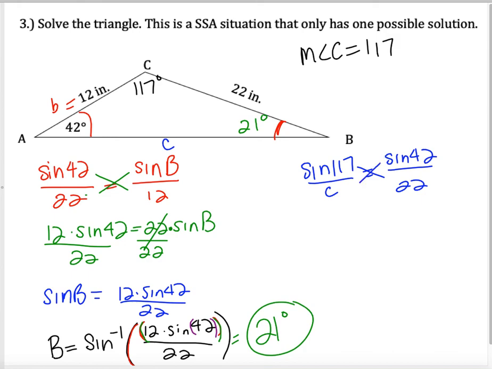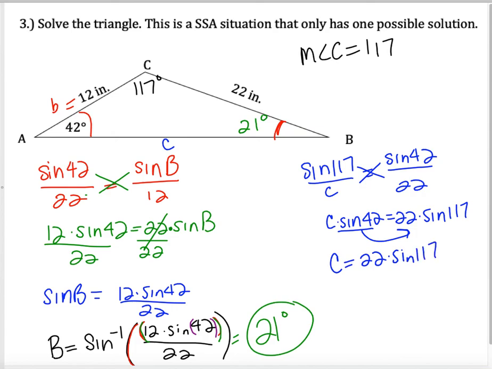You set cross products equal to each other. C times the sine of 42 must equal 22 times the sine of 117. We can divide both sides by the sine of 42, so bring that over. What I'm typing in my calculator is 22 times the sine of 117 divided by sine of 42.